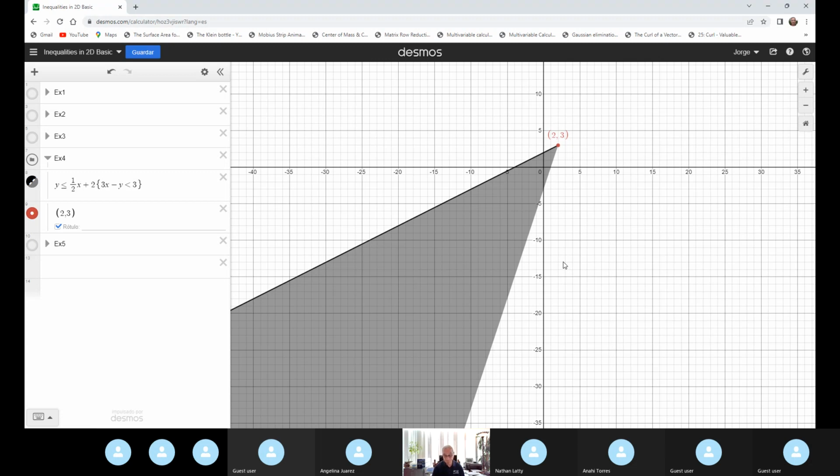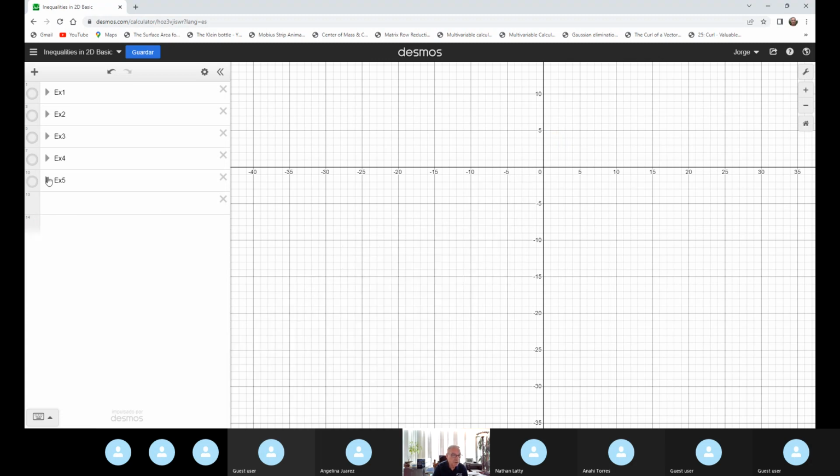Okay? Let's do the second, number 5. It's more complicated because we have 3. I copy just 2. Okay, so the first one without curly bracket, the second with curly bracket, and the third one with another curly bracket.